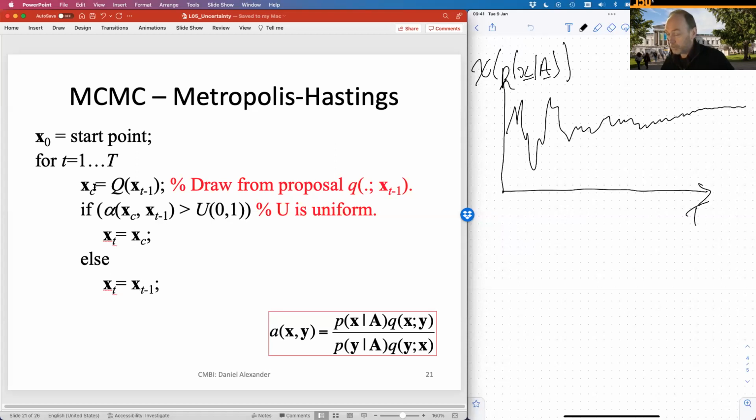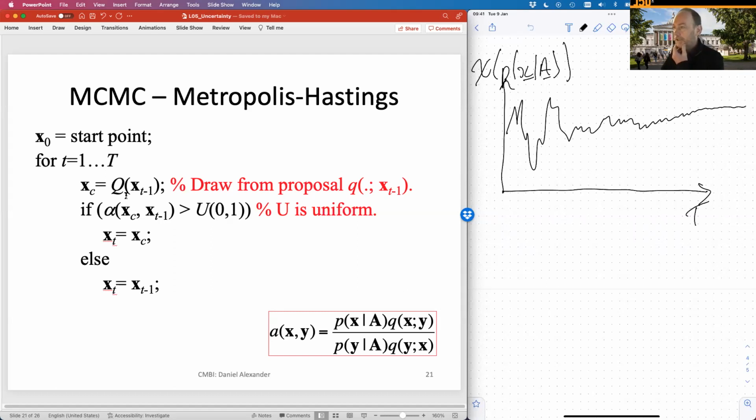We perturb or draw some new combination of parameter values, x_c, c standing for candidate. So we draw a candidate set of parameter values that may or may not depend on the current set of parameter values. In the first iteration of this loop, x_{t-1} would be x0. So we choose a new candidate position, which may or may not depend on x0, depending on a choice of this proposal distribution Q that we'll come back to.